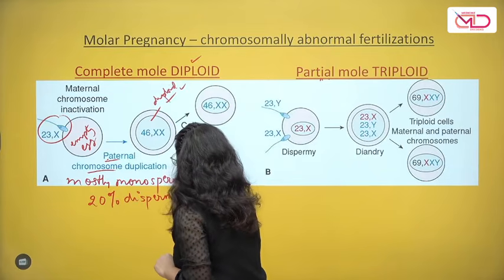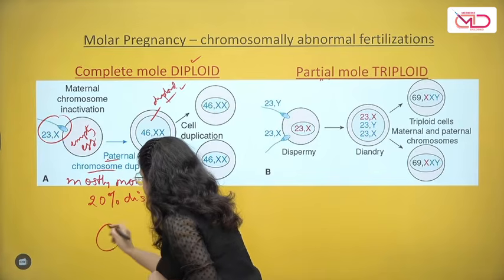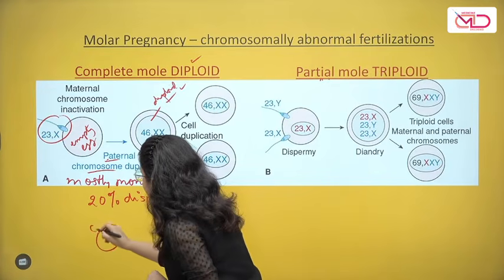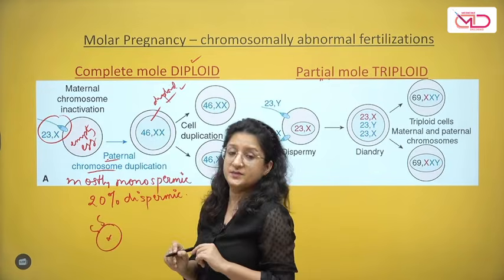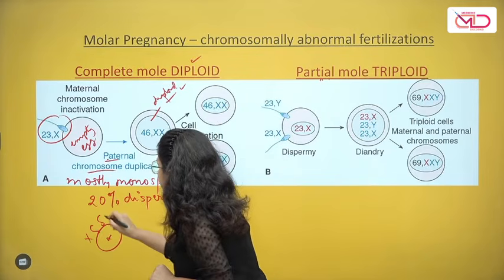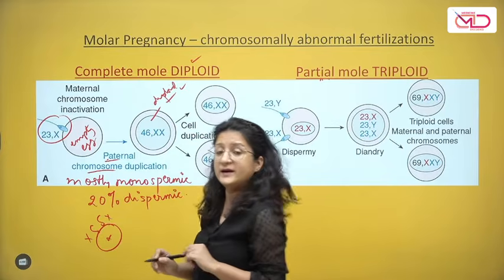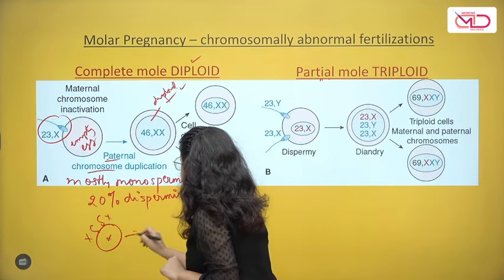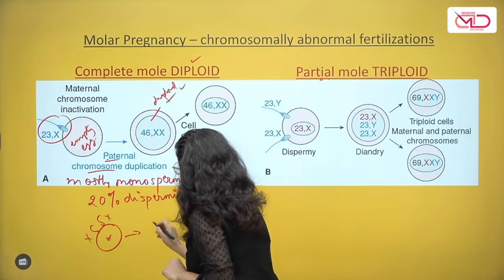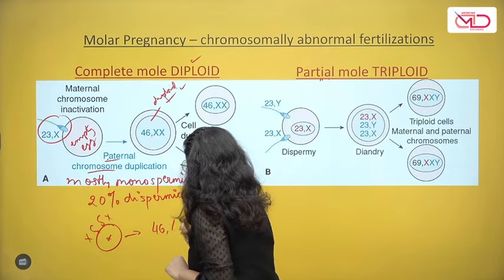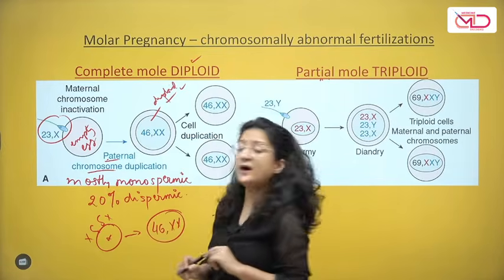That means there will be an empty egg which gets fertilized by two sperms. Maybe X, right? X chromosome containing sperm, and that gives rise to a diploid conceptus, but without any maternal DNA.